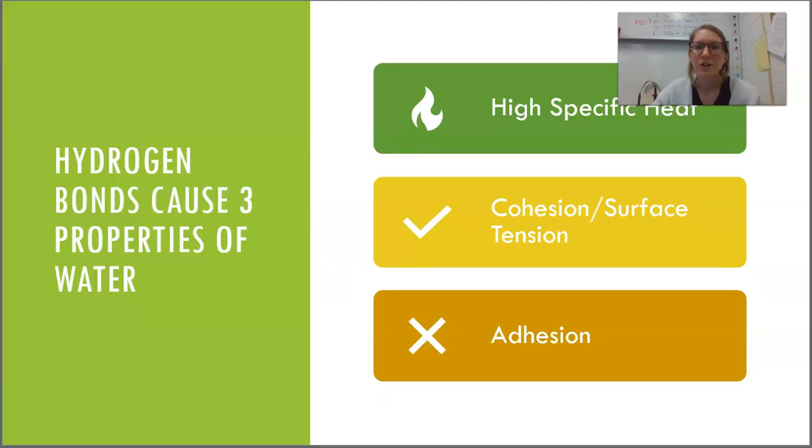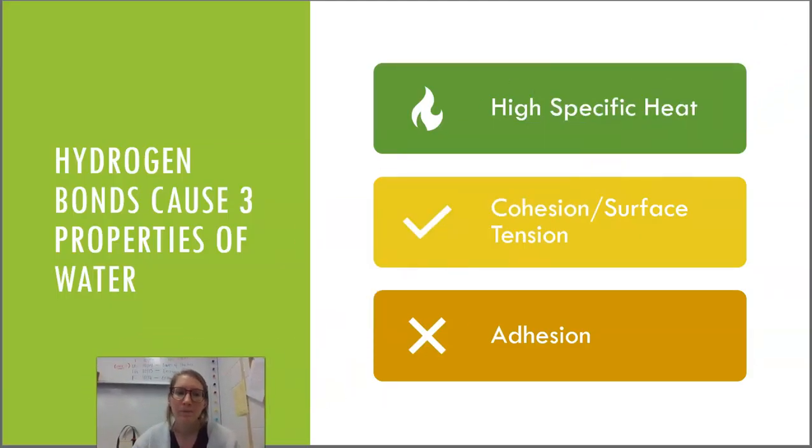All right, so we're going to talk about the high specific heat of water, cohesion and surface tension, and adhesion. So hydrogen bonds cause three properties of water: high specific heat, cohesion and surface tension, and adhesion.